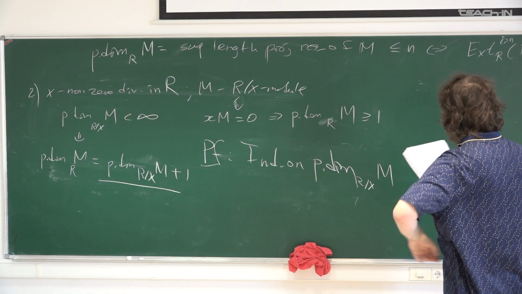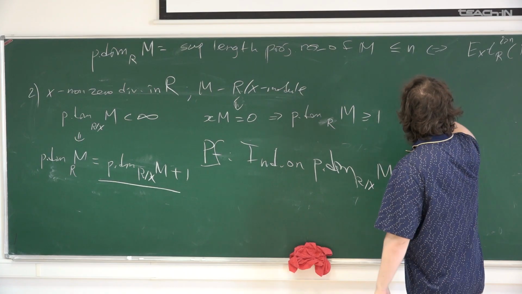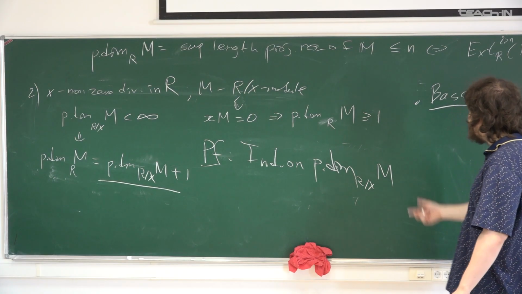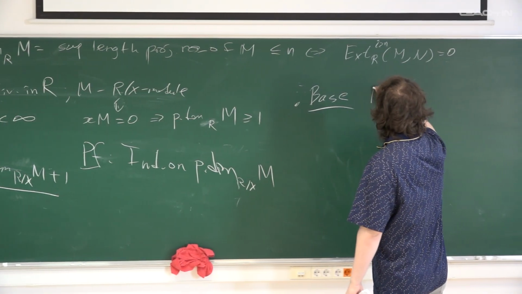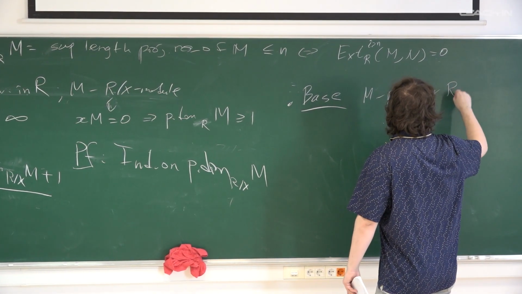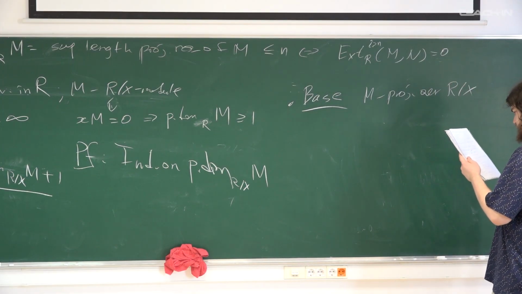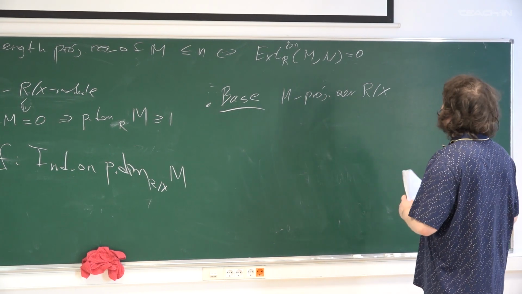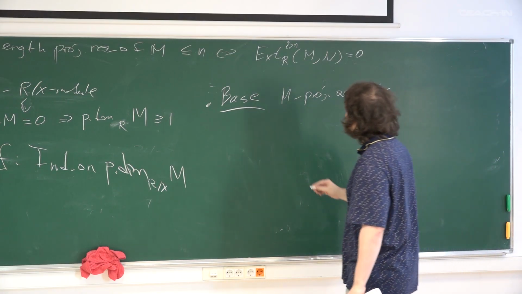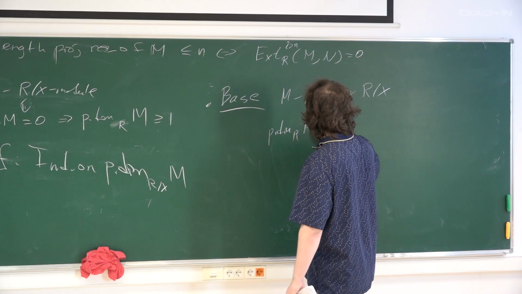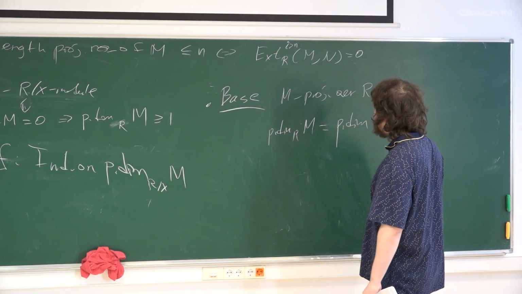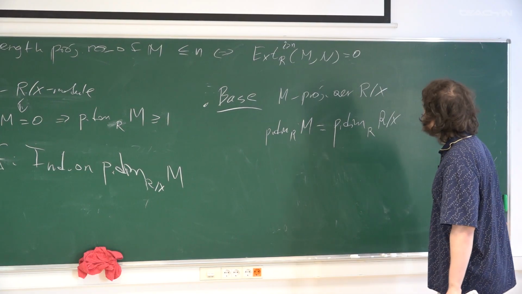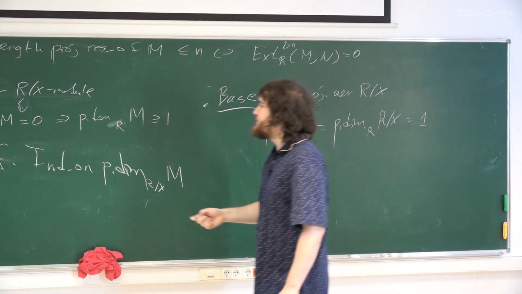It's not projective. Okay, now induction on this number. So, base of induction: if M is projective over R/x, then in fact its projective dimension is equal to the projective dimension of free modules, and the projective dimension of free modules is equal to the projective dimension of R/x itself over R, and this is 1 because x is a non-zero divisor.